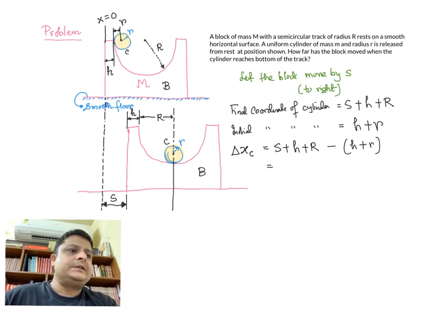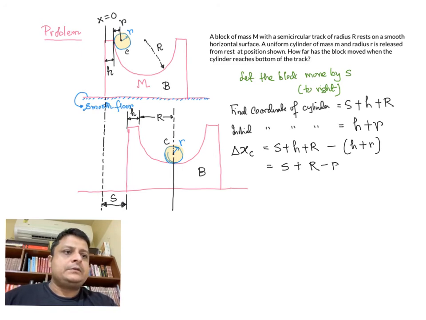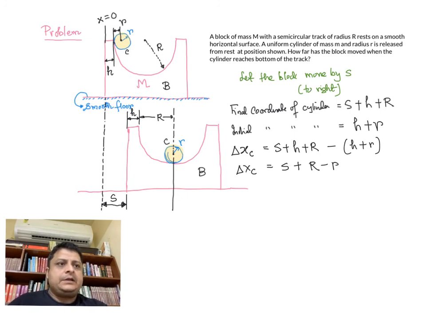So that is s plus capital R minus small r. So that is delta x for the cylinder. And now delta x for the block, what is that? We have assumed delta x for the block to be s. We have assumed that the block shifts by s.